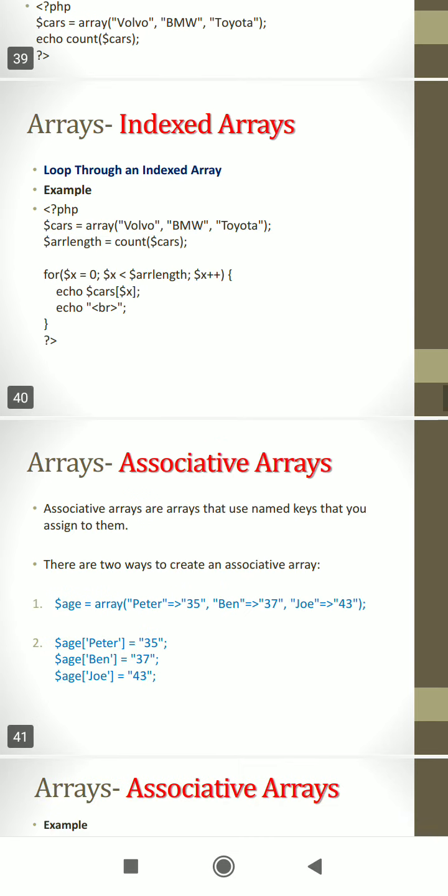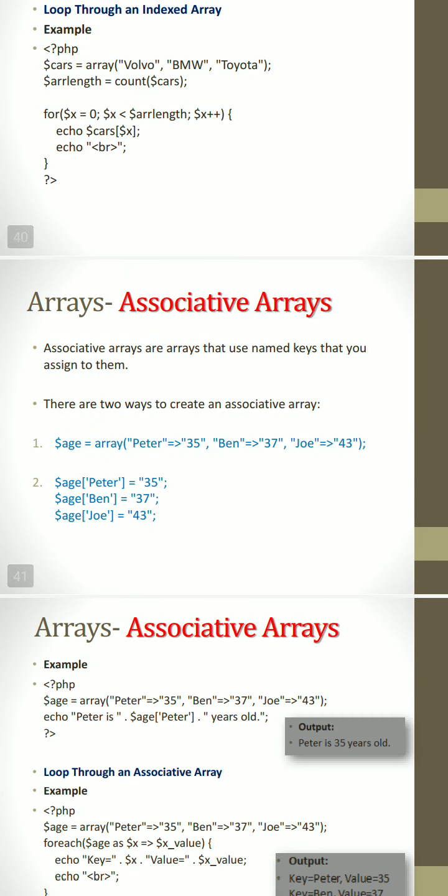Next we'll go through the associative array. Associative arrays are arrays that use named keys that you assign to them. There are again two ways of creating an associative array.